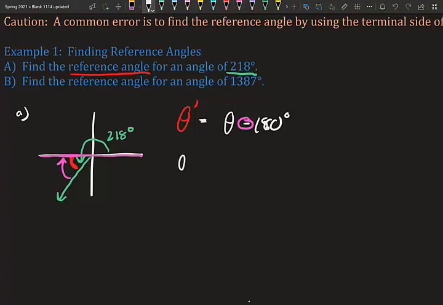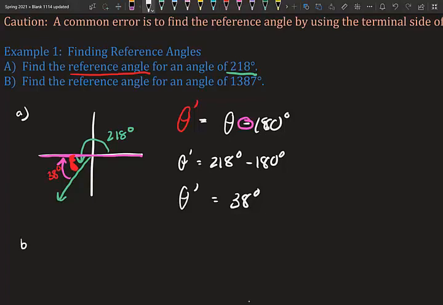Our original angle was 218 degrees, and we subtract 180, and we get our reference angle of 38 degrees. That means this little part right here is 38 degrees. You're going to figure out why that's so important coming up in this section, so just bear with me.